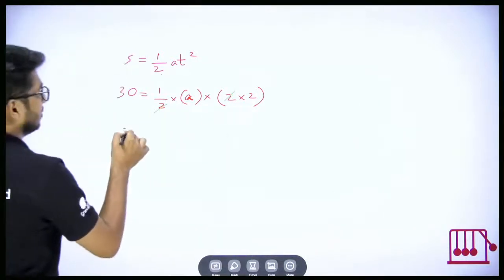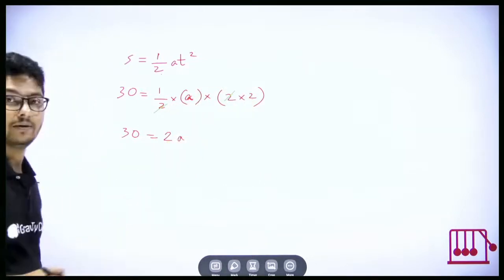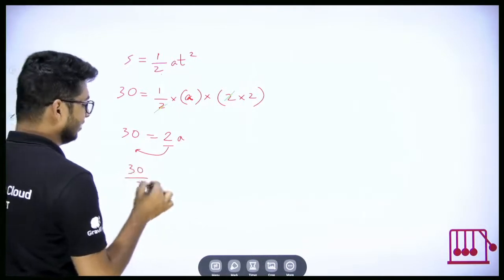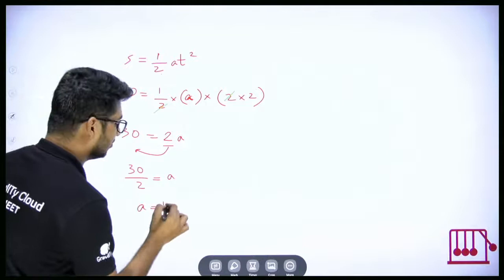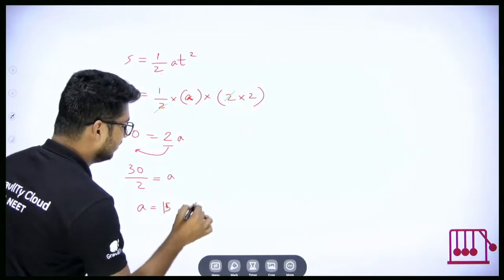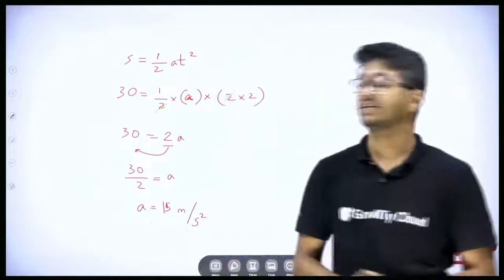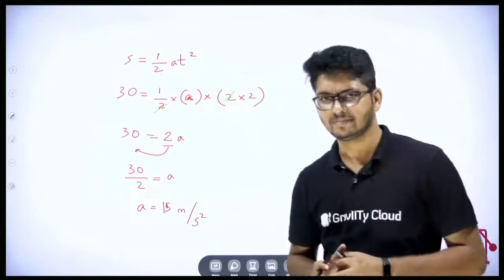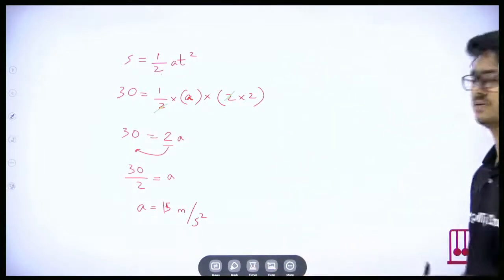What will remain? 30 is equal to 2a. This 2 goes to the other side, becomes 30 by 2 is equal to a, 15, or a is equal to 15 meter per second square. See, we got the acceleration. Simple. Yes? Okay. That's good.